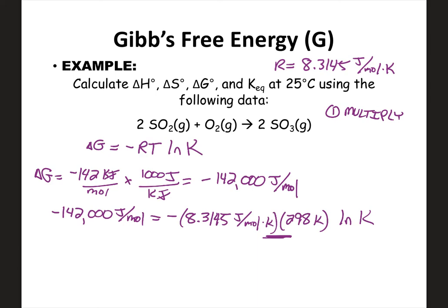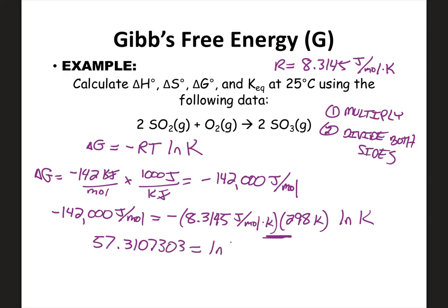All right, so get the value for that. Then you will divide both sides by that value. So you multiply those two terms together, divide both sides by that value. So when you do that here, you get 57.3107303, and that would be equal then to the natural log of K here.